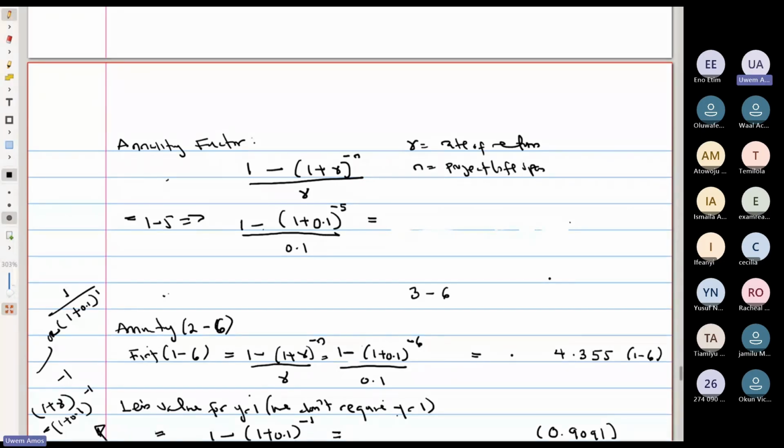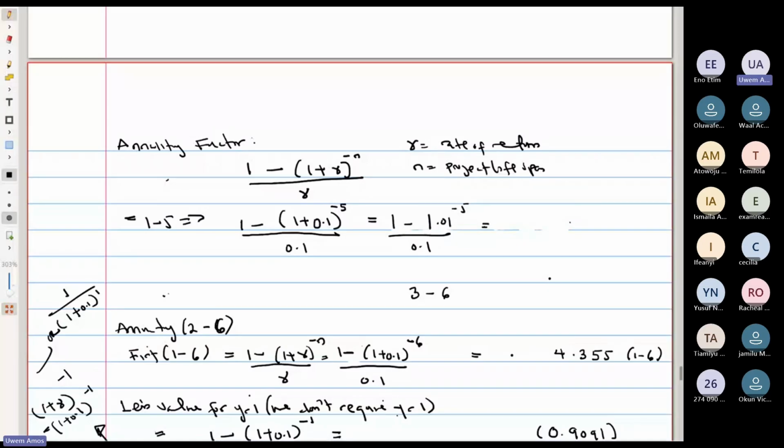So this is 1 minus 1.01 raised to the power of minus 5 divided by 0.1. Okay, so let's do it all over, but keep it all consistent. So that would be 1.05 raised to the power of minus 5 gives us 0.783, whatever it is, minus 1 gives me minus something.